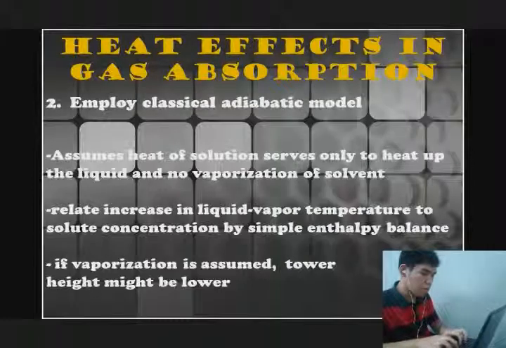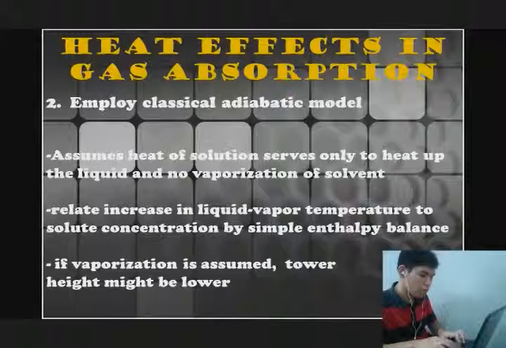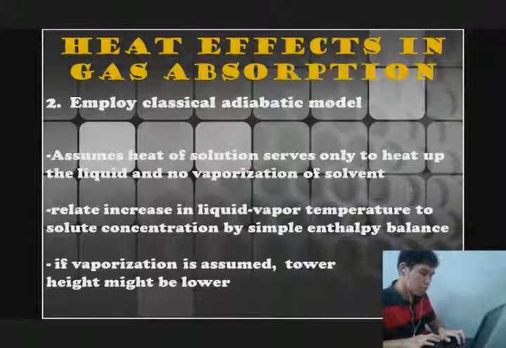The classical adiabatic model assumes that the heat of solution serves only to heat up the liquid stream and that there is no vaporization of solvent. This assumption makes it feasible to relate increases in the liquid phase temperature to the solute concentration X by a simple enthalpy balance. The equilibrium curve can then be adjusted to account for the corresponding temperature rise on an XY diagram.